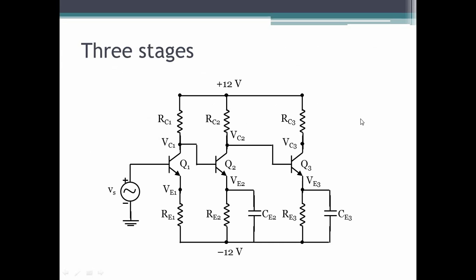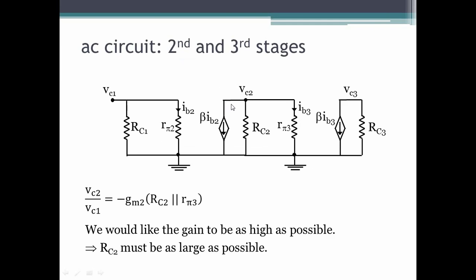Okay, so we'll draw the circuit. This is the third stage we've drawn here conceptually. The R-pi of Q3 will load the second stage, or basically R-pi 3 will come in parallel with RC2. So here is the equivalent circuit. This is the second stage, and this is the third stage.